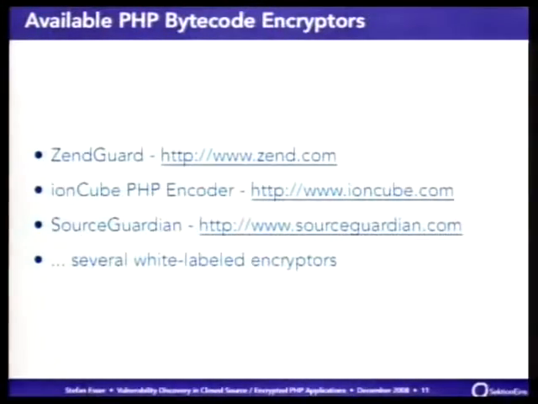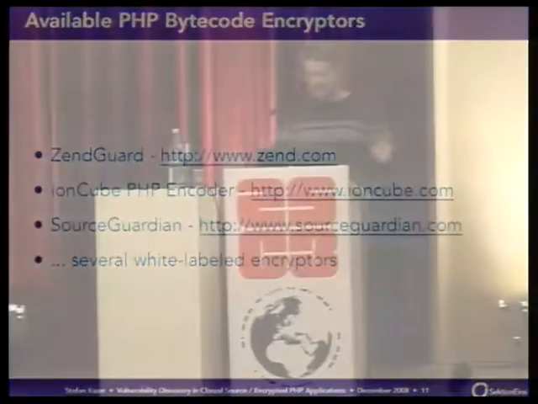There are some available PHP bytecode encryptors. These are only the three best known: first SendGuard from Zend, then the IonCube PHP encoder from IonCube, and Source Guardian from Source Guardian. There are a lot of different cryptors, especially the people behind Source Guardian have a lot of white-labeled cryptors that are all more or less the same, but they sell them to different users at different prices with different names.